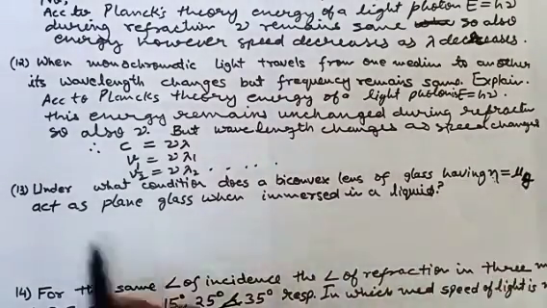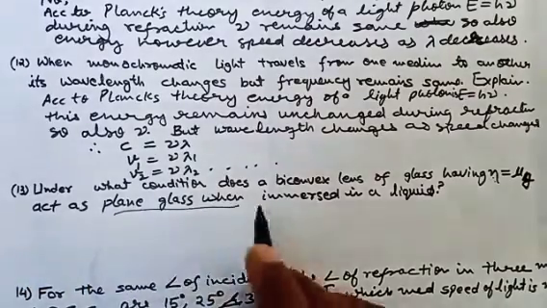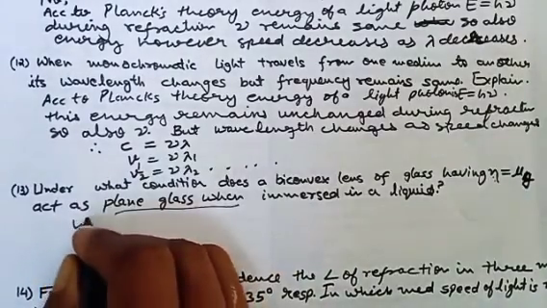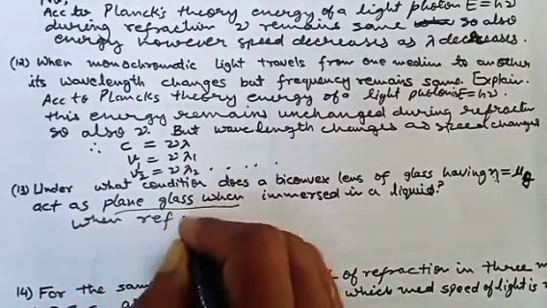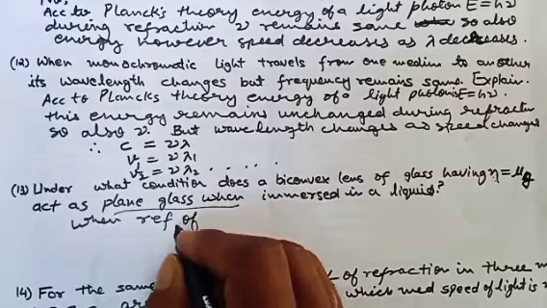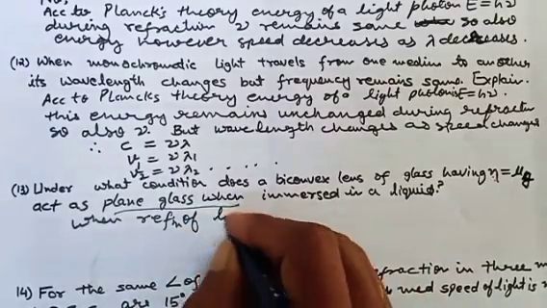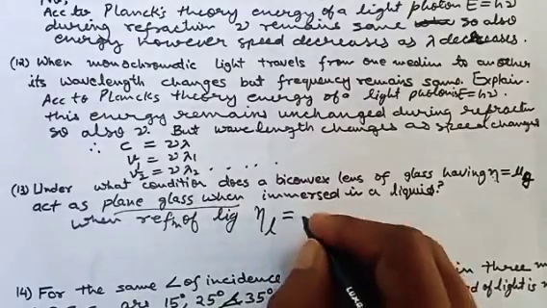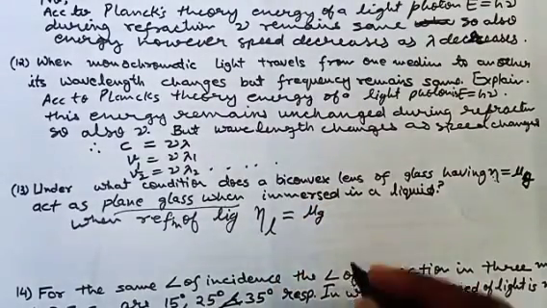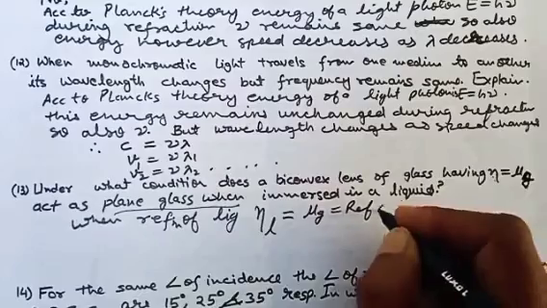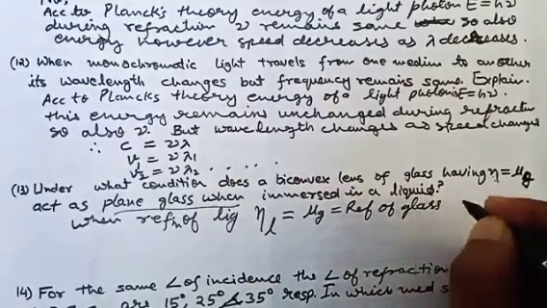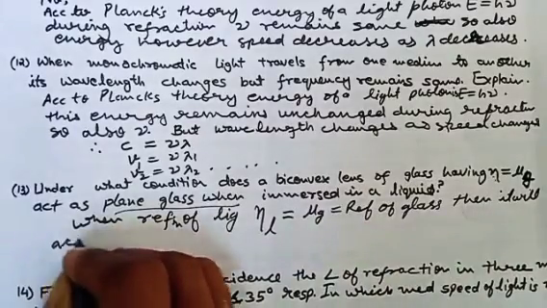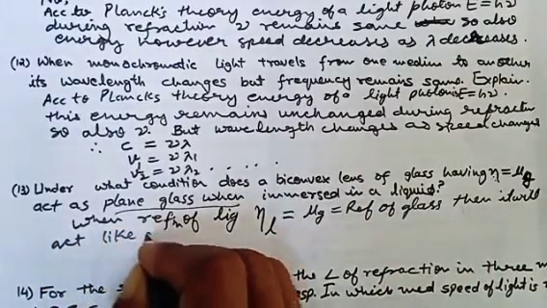So when refractive index of liquid, that is eta L, is the same as mu g, the refractive index of glass, then it will act like a plain glass.